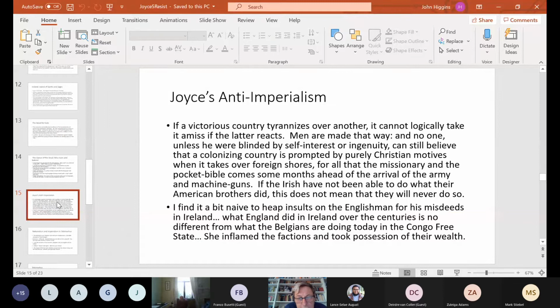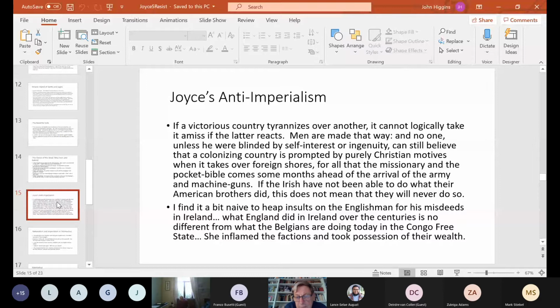Men are made that way, and no one, unless he were blinded by self-interest or ingenuity, can still believe that a colonizing country is prompted by purely Christian motives when it takes over foreign shores, for all that the missionary and the Bible come some months ahead of the arrival of the army and machine guns.